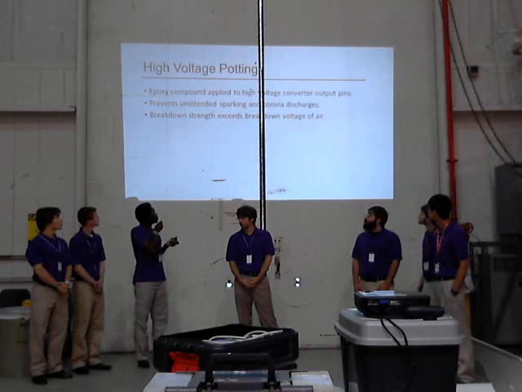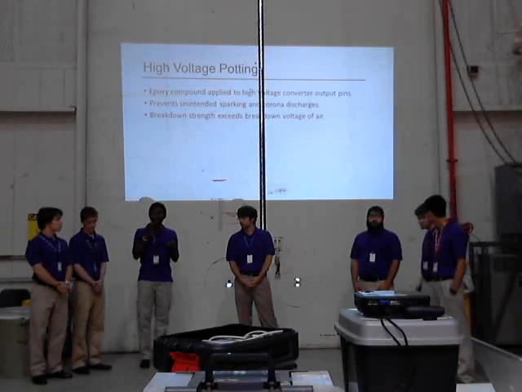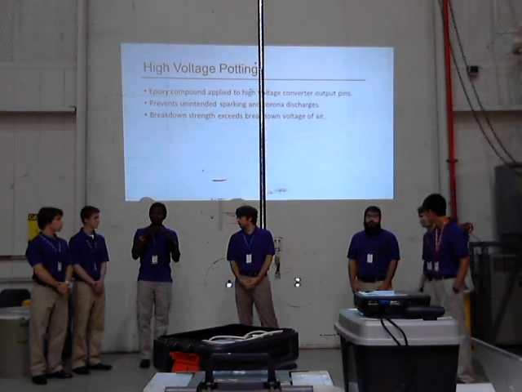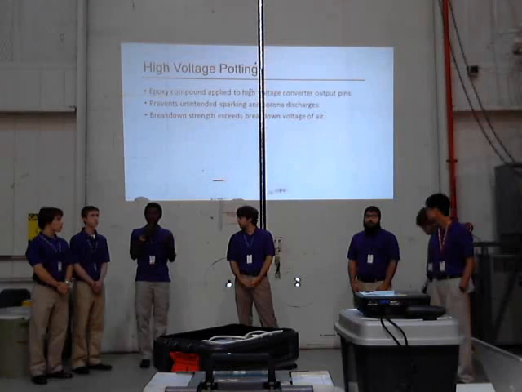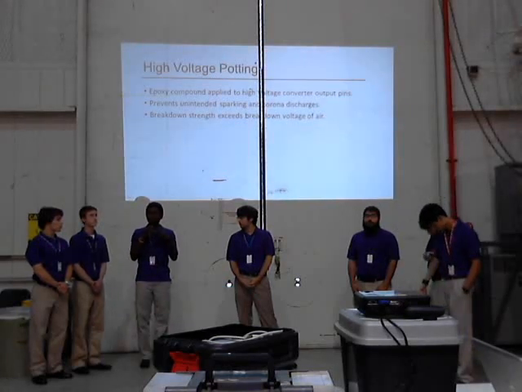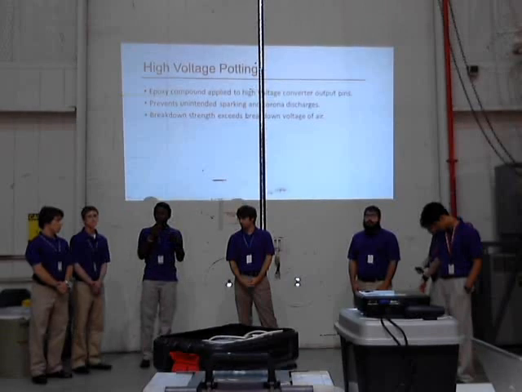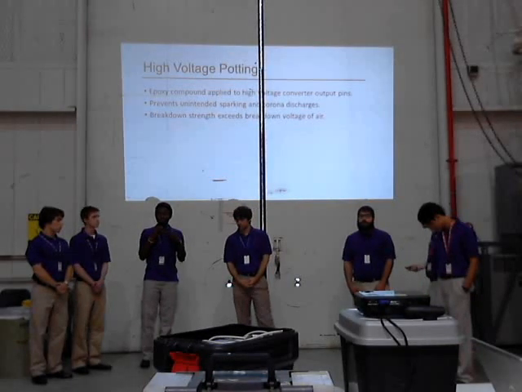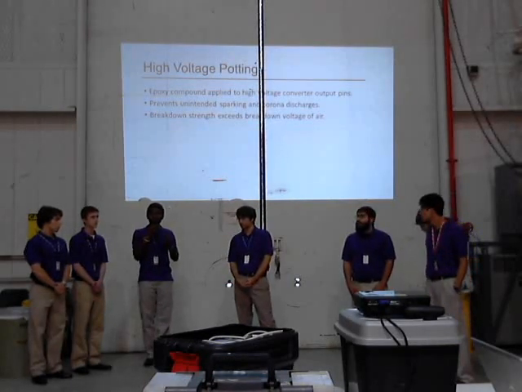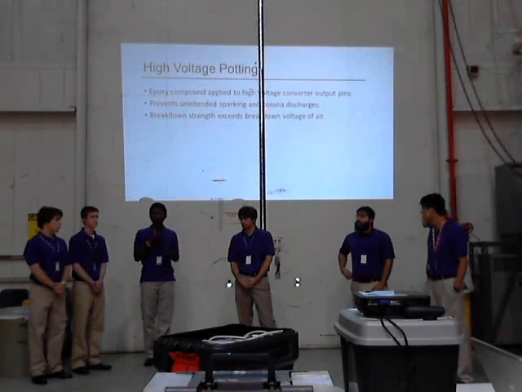Also, it pretty much doesn't allow a spark to go across the pins, because we did a test with some prototypes. We made prototype HVDCs out of foam, and we realized that if we run high voltage through the input wires, there's a spark across, and this doesn't let the spark go through.